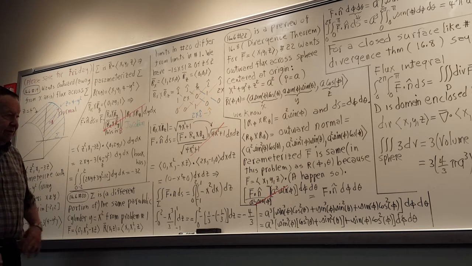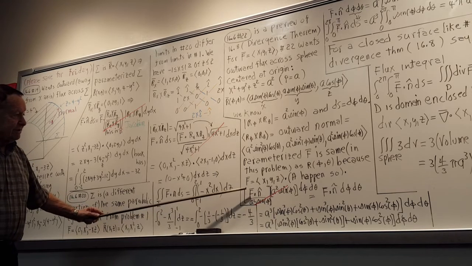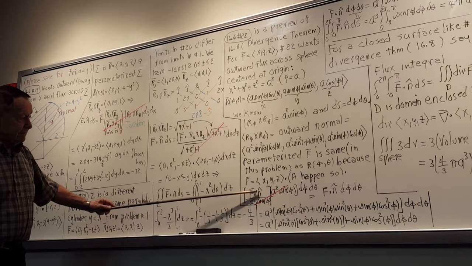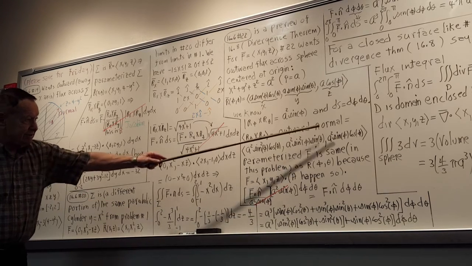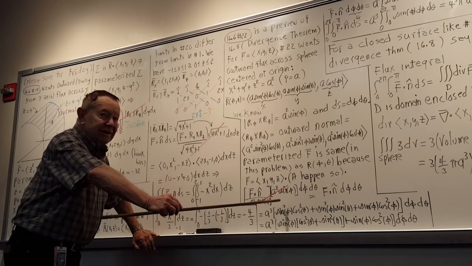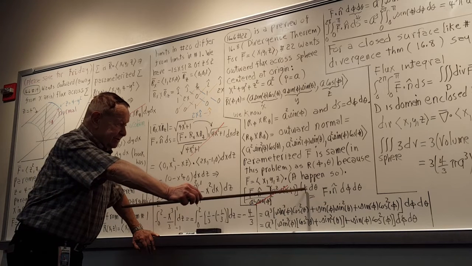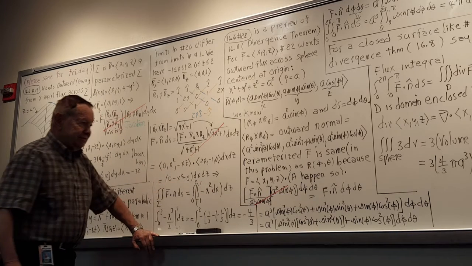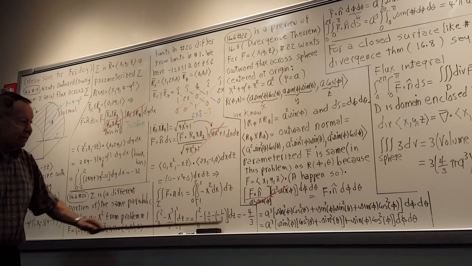That's a happens-so, but we can use it. So our F dot n, then to make the unit vector, you divide by this Jacobian, and then you multiply by it to allow for your scale change, to let you use the new coordinates. And so that gives you your F dot unit outward normal.